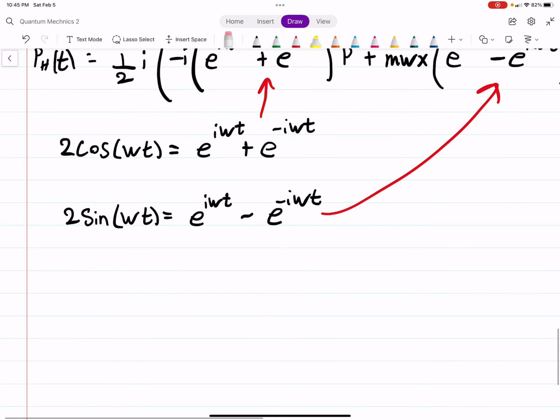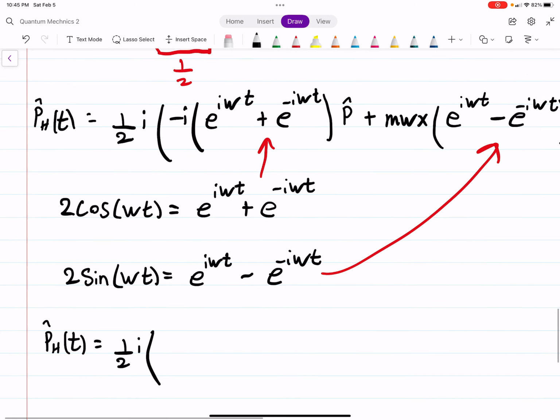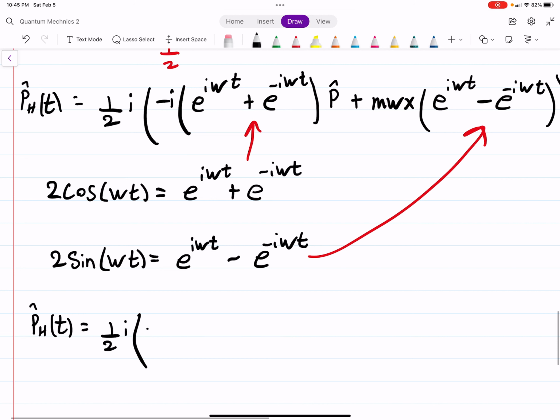So p hat is 1/2 i. Okay. And then we're going to have a minus i, and this will be multiplied by 2 cosine of omega t momentum, plus m omega times, should be an m omega x.